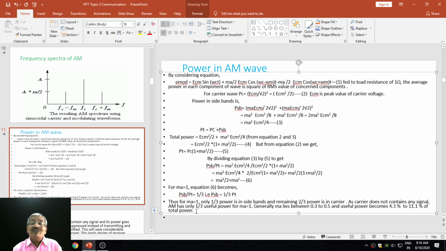It is just the job of the carrier, nothing more than that. So that's why 2/3 power in the carrier is mostly going to be wasted, and that's why some precautionary measures are to be taken, which we are going to study in the concept of double sideband. Today we'll stop here only.